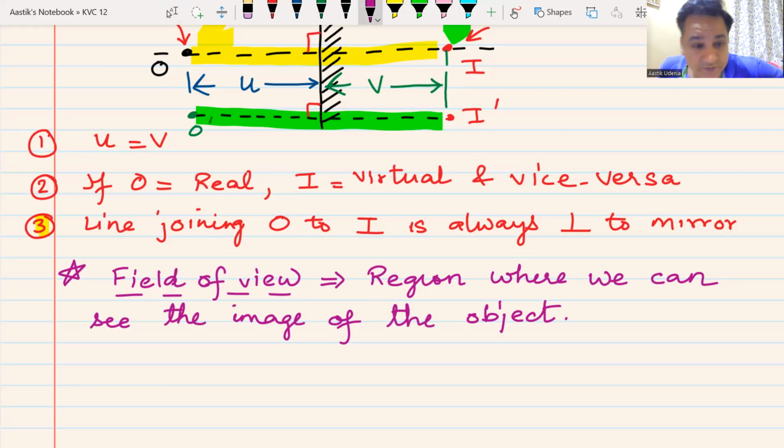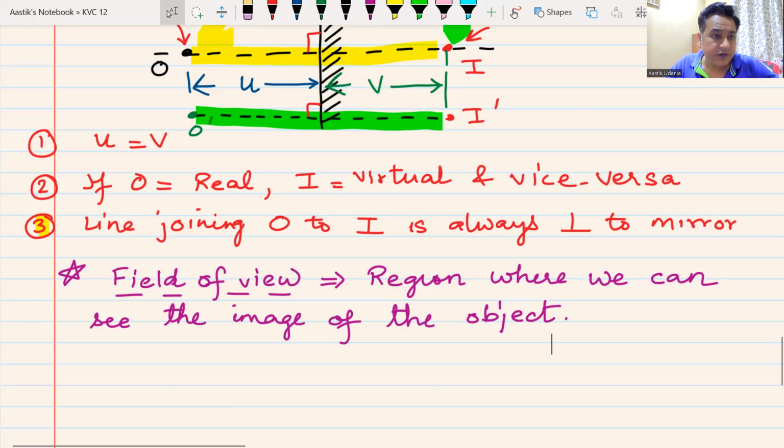This is the region where we can see the image of the object. I hope everyone is understanding this. Yes or no? This is the region where you can see the image of the object.